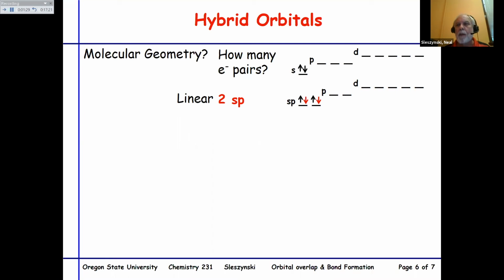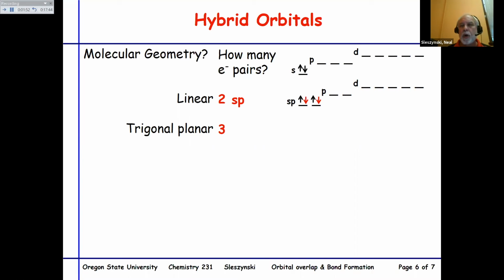So if we see a geometry that's linear, because we have two pairs of repelling electrons, our hybridization is sp. We have hybridized the s orbital with one of the p orbitals, and then used those unpaired electrons to form two molecular bonds. Well, what happens if we have a molecular geometry that's trigonal planar?